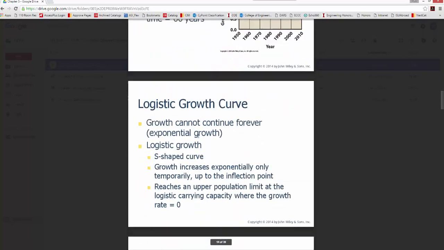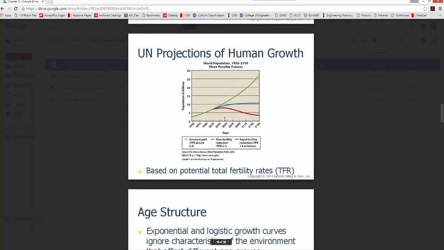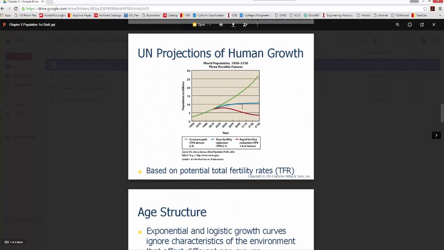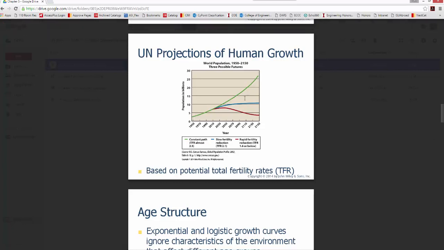So we're talking about the number of children per female during childbearing years from 15 to 49. So if we assume a constant of 2.5 children per female in the world, that's this green line here. This is the exponential. You can see right there, very much like an exponential growth there. So constant, it doesn't change, 2.5.